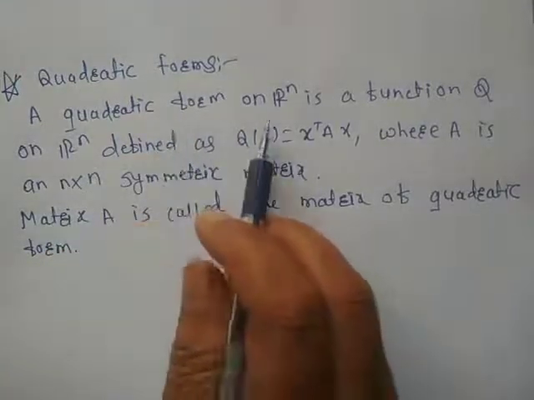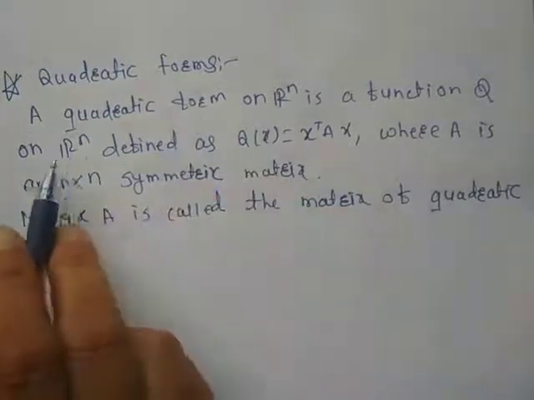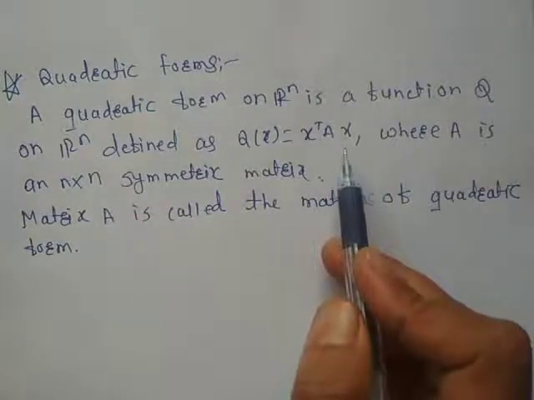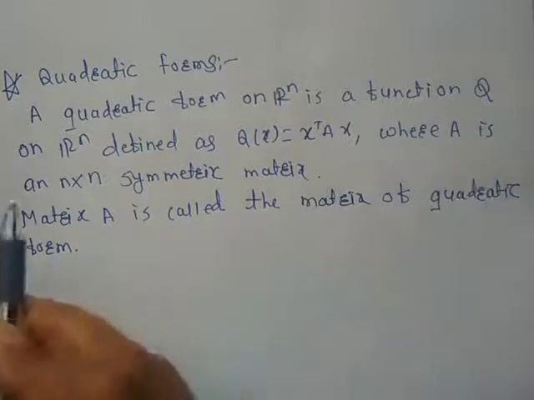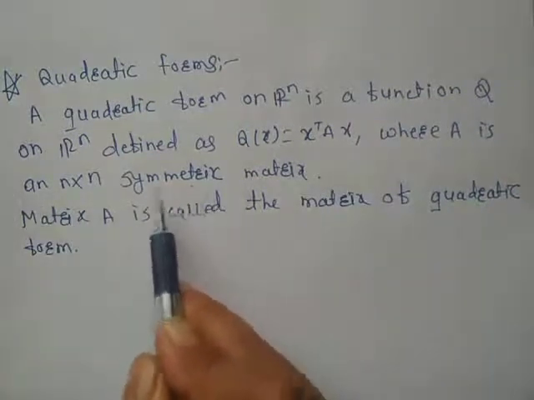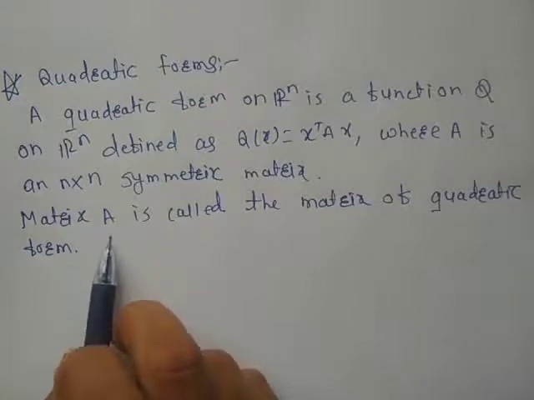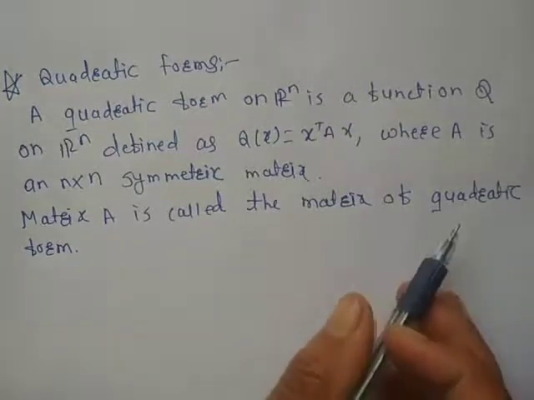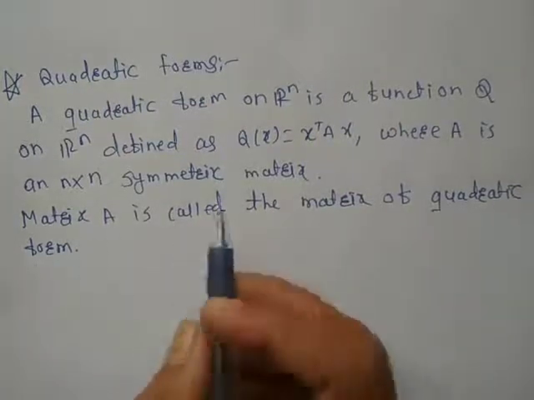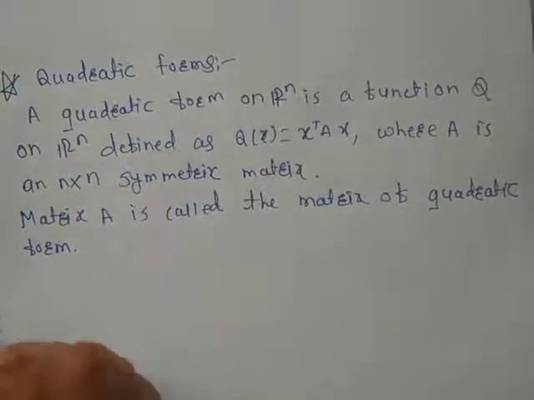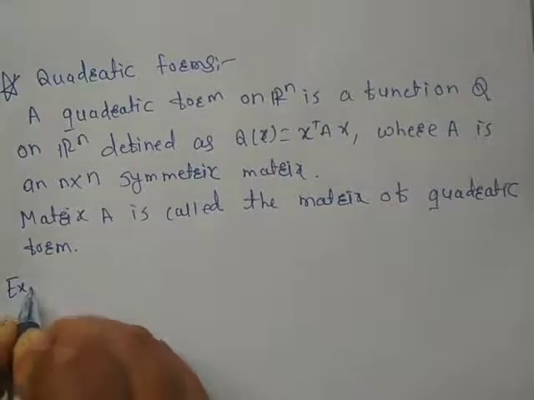A quadratic form on Rn is a function defined as Q of x equals x transpose A x, where A is an n by n symmetric matrix. We have already seen what a symmetric matrix is. This matrix A is the matrix of the quadratic form. Okay. Let us see an example.